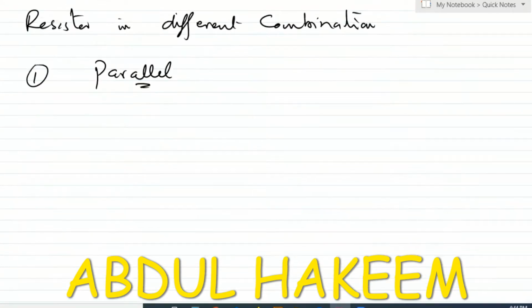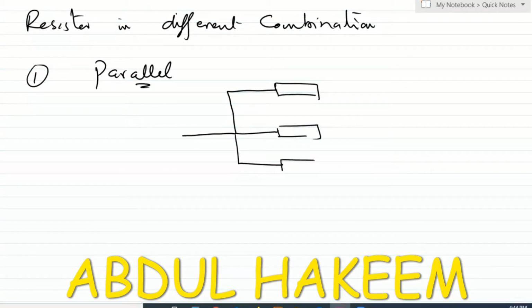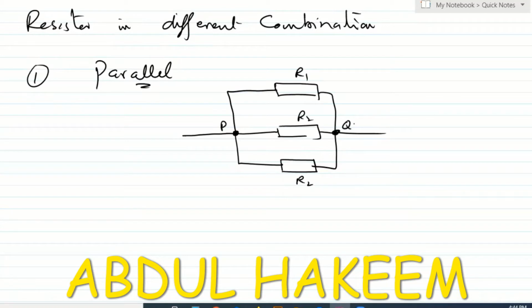For example, we have number of resistors like 1, 2, 3. So these resistors are connected parallel to each other, and this is called junction. So this is another junction. So this P and Q are junction.